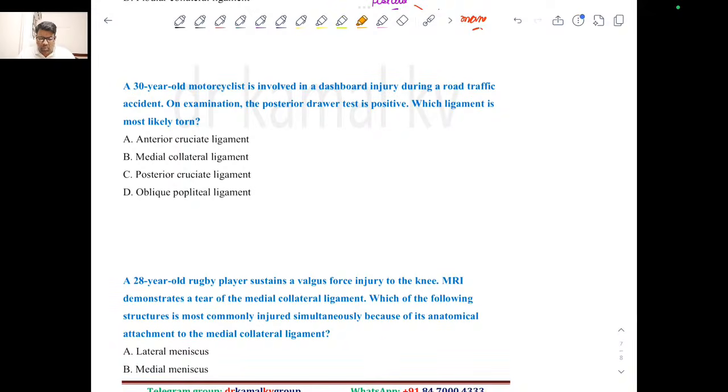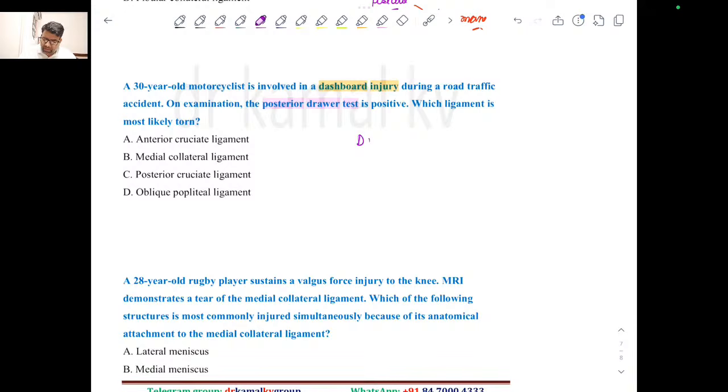A 30-year-old motorcyclist is involved in a dashboard injury during a road traffic accident, and on examination the posterior drawer test is positive. So I think it's pretty easy to answer.